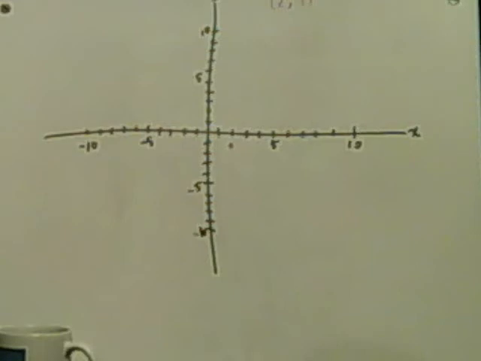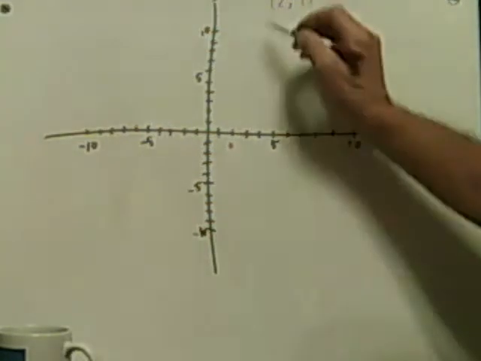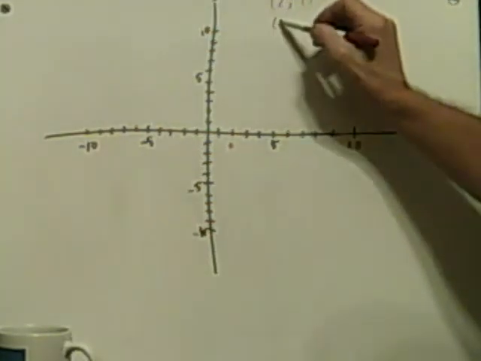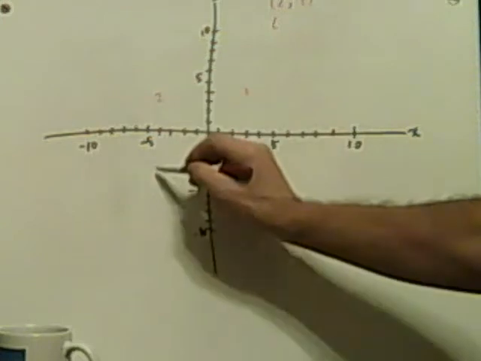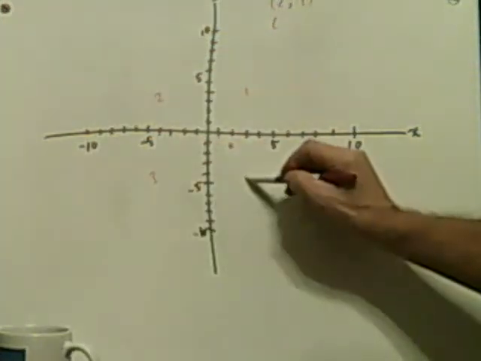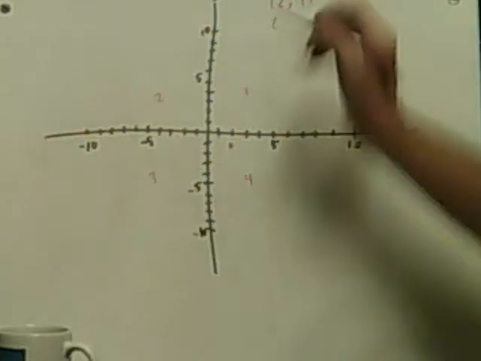That's known as quadrant 4, simply because the quadrants are numbered 1, 2, 3, and 4, and that's just conventional. Didn't have to be that way, but that's the way I was taught to number the quadrants.